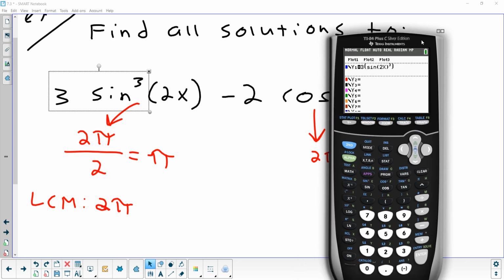Second argument, that's a little easier. 2 cosine x. And check your window. Again, 2 pi is the same cycle we've had for the past couple problems. I think negative 8 to 8 is probably going to be more than you need for your range. We can try it, and if it's too squished because we're zoomed out too far, we'll zoom in a little. But let's give that a shot.